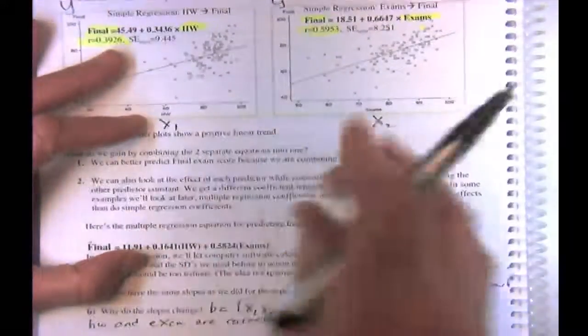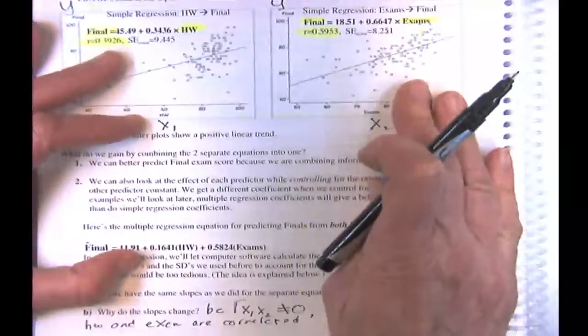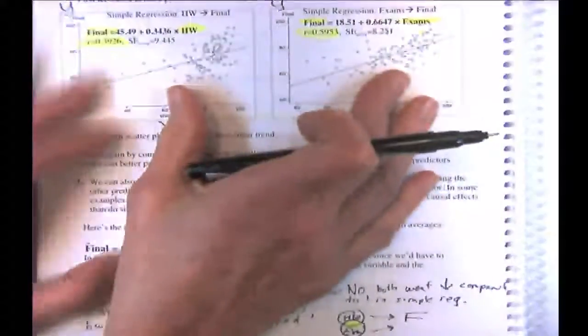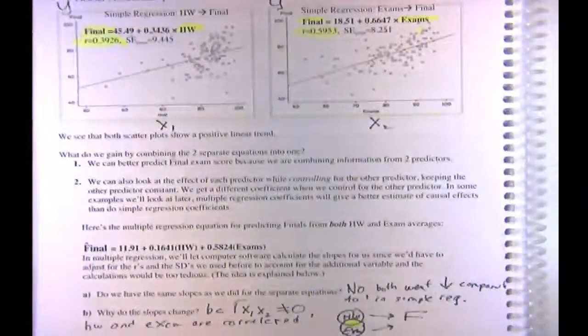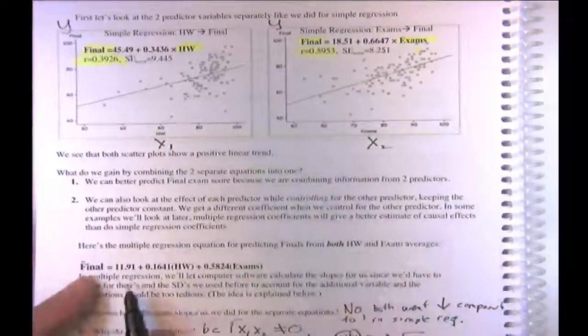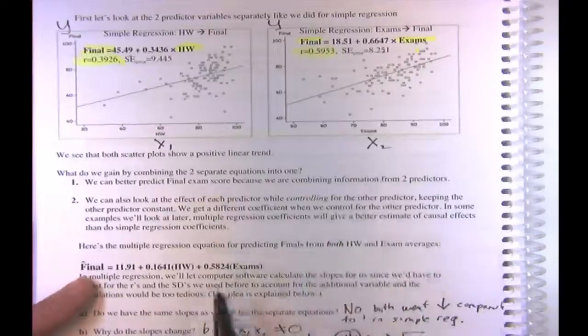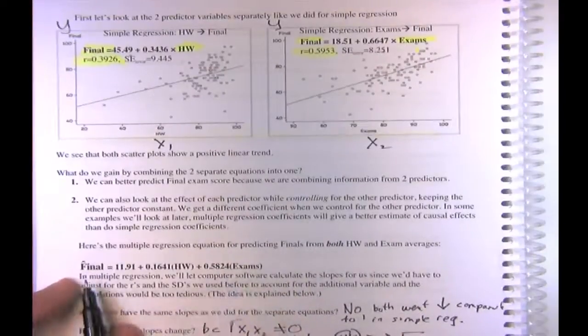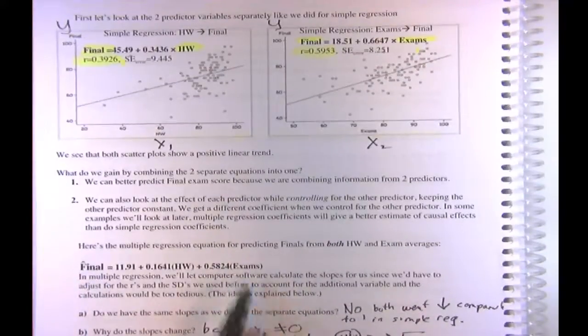Think about it, if it wasn't exams, but something that was completely uncorrelated with homework. For example, let's say you had two people grading the final, all right? And one person just added 2 points to everybody's score, completely unrelated. The 107 students were randomly divided to be graded on their final between two people.